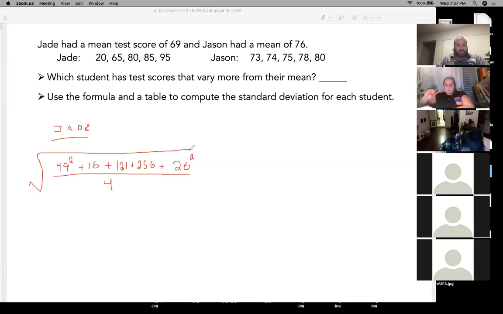But at the end of the day, we're taking out a calculator anyway. So when I take out my calculator and I do 49 squared plus 16 plus 121 plus 256 plus 26 squared, and then I divide that by 4, and then I take the square root, I get approximately 29.5. So my standard deviation is 29.5.